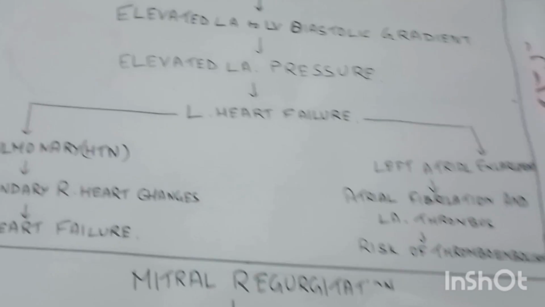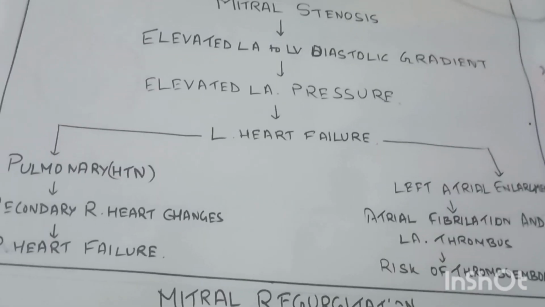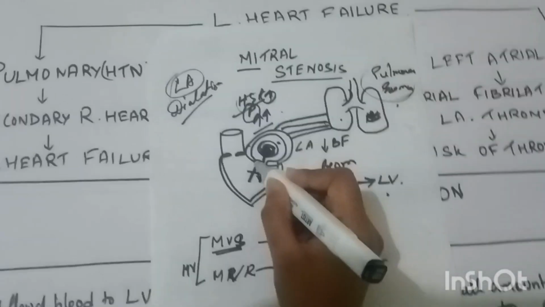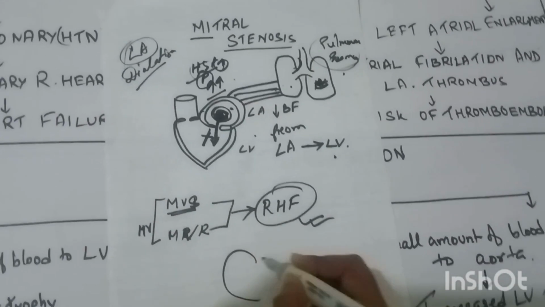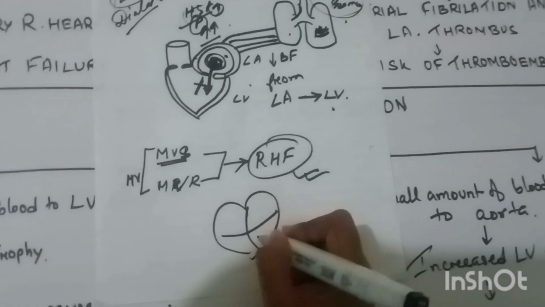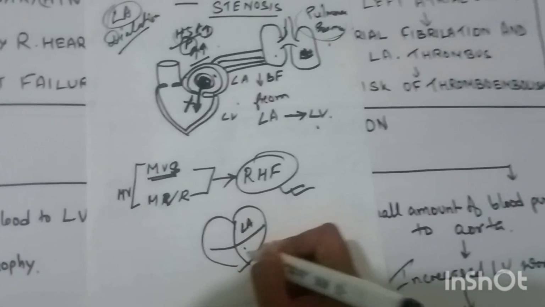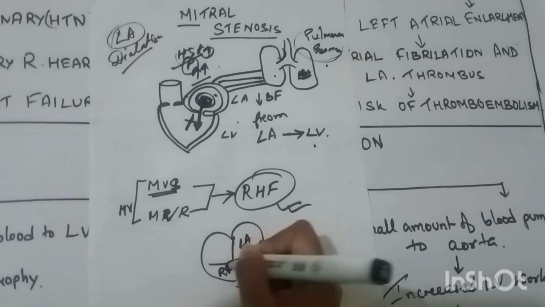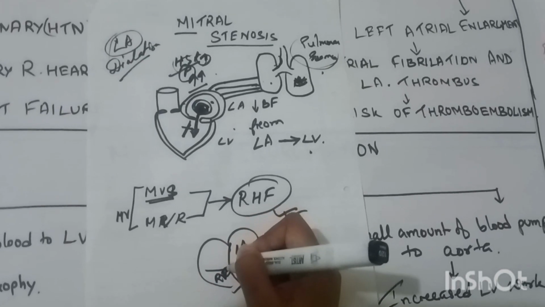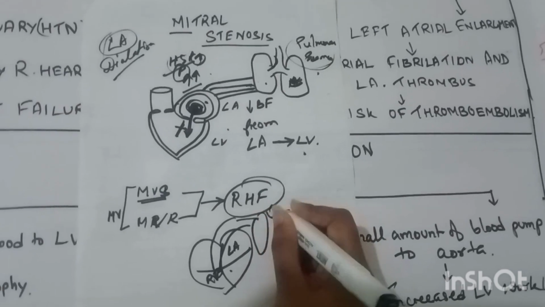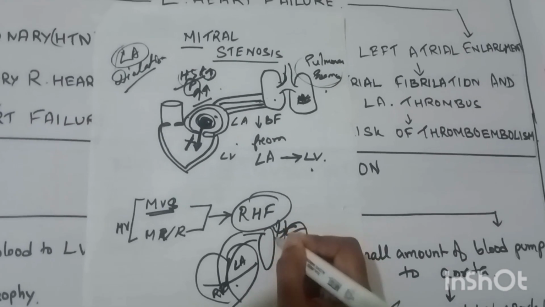Yes, we can see the secondary right heart changes. You know why? Because the right ventricle will send all its blood to the lungs, right?